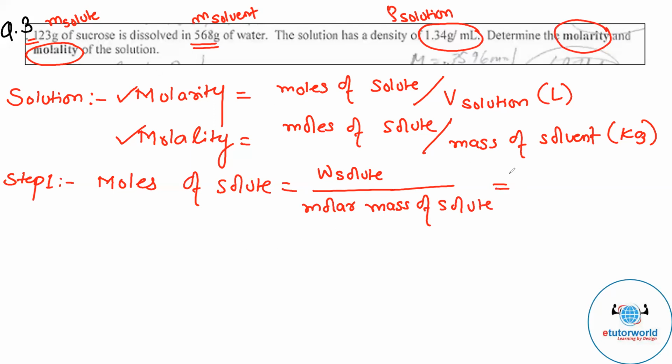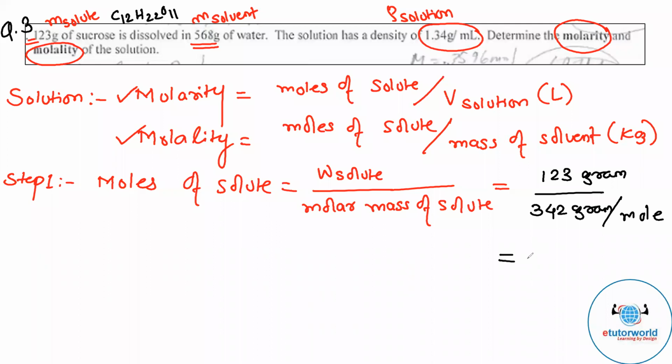Here we can clearly see it's 123 gram, right? What is the molar mass? It's sucrose. So sucrose molar mass is 342 because the formula is C12H22O11. This will again be given: 342 gram per mole. So you are going to solve this, Aditi. Just quickly solve and tell me the answer.